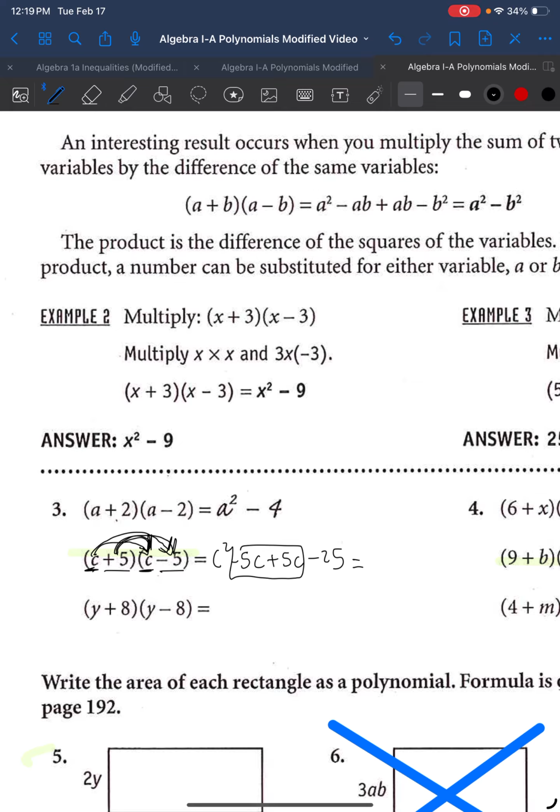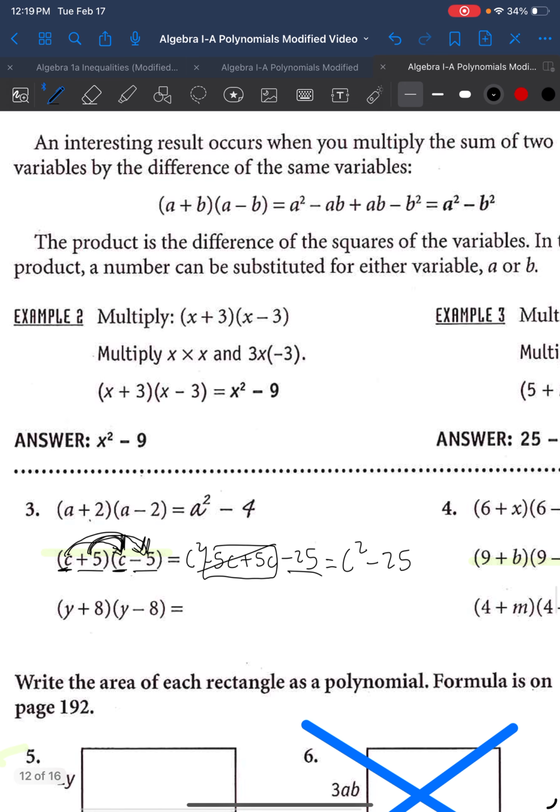Okay, so we have c squared minus 5c plus 5c, that just cancels out. If you subtract something and add the same thing back, it's just 0. And then we also have minus 25. So the shortcut here is just to multiply the letters and multiply the numbers.